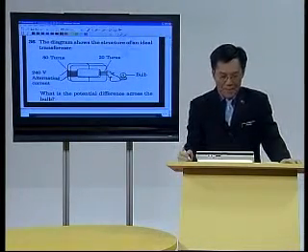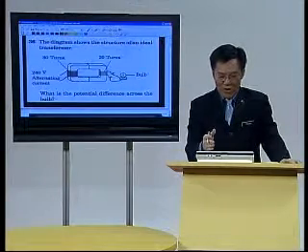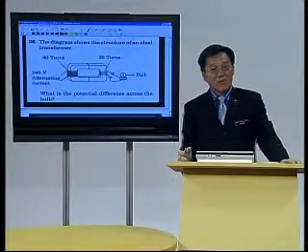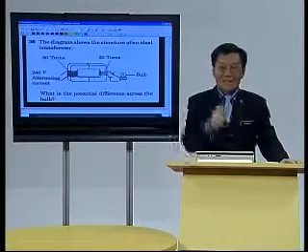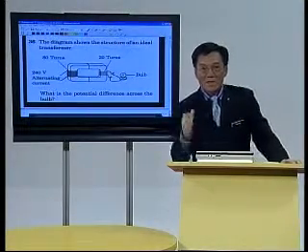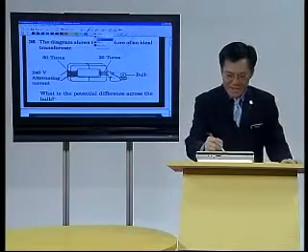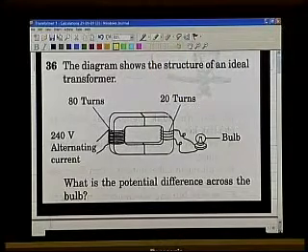Now look at this diagram. You have a transformer. First and foremost, ask yourself, what kind of a transformer is this? Is it a step-up transformer or a step-down transformer? You have here 80 turns. And you have here 20 turns.